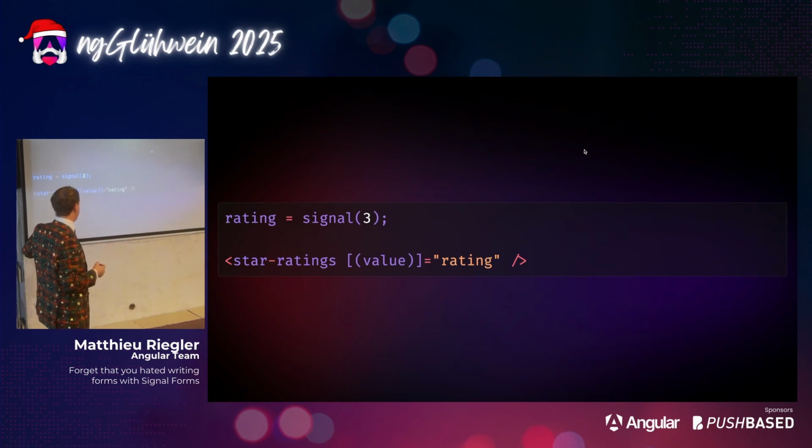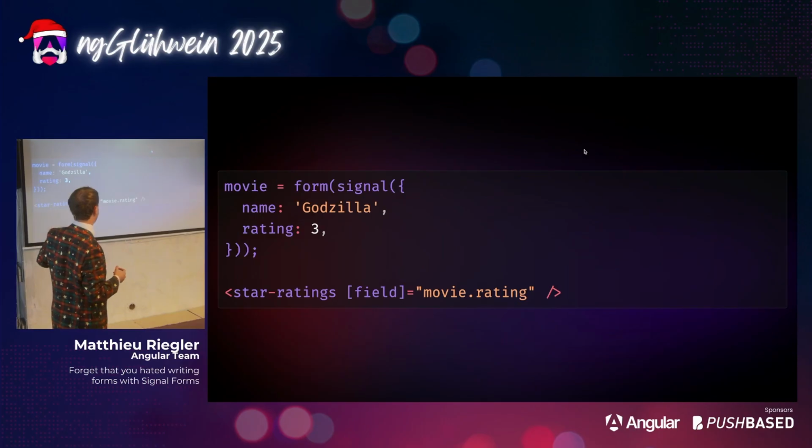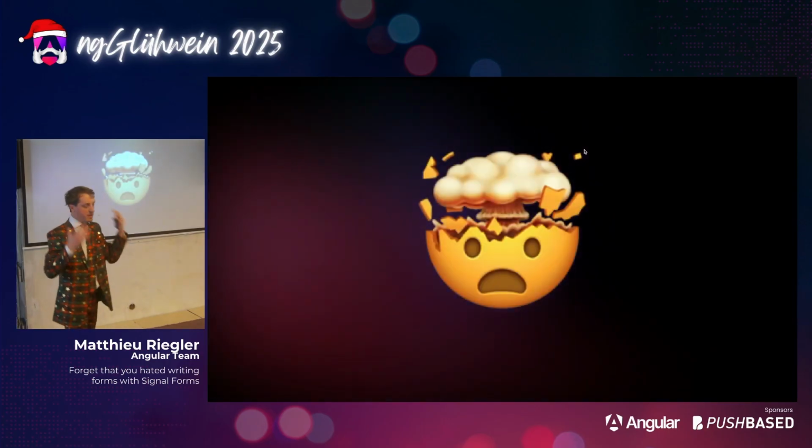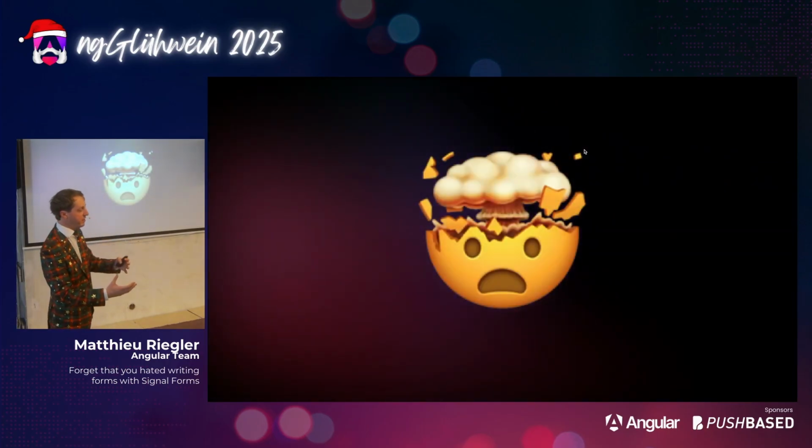We only had a value, we're passing the ratings, and from just a signal that we had, we create a form object and we replace the value with just the field directive. And basically that's it. It's just as simple. You don't have to implement anything else. There's no CVA, there's no specific API. If you have a value in a component, it will work out of the box with the field directive.